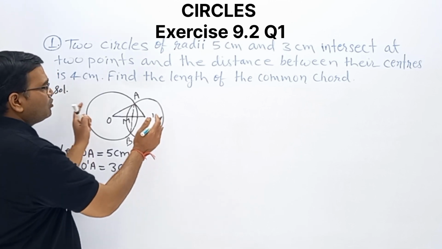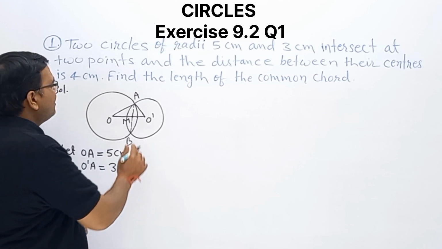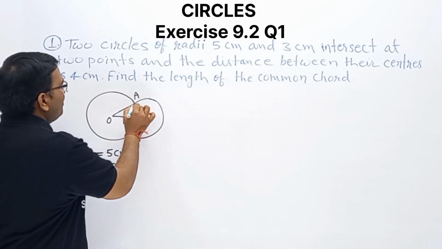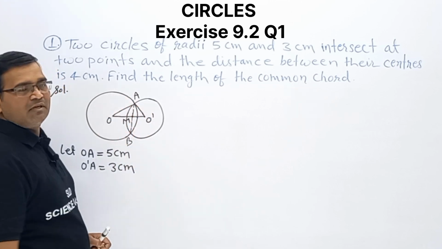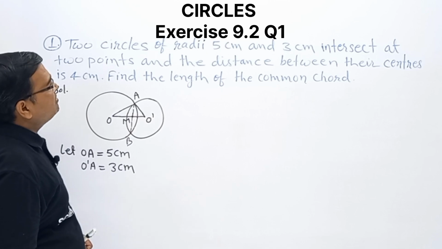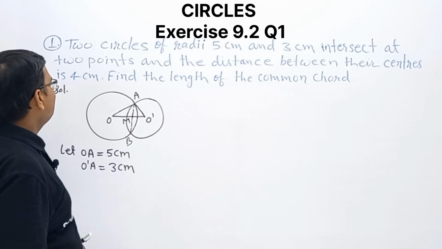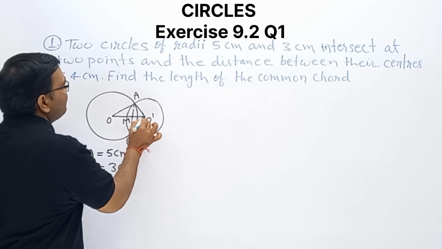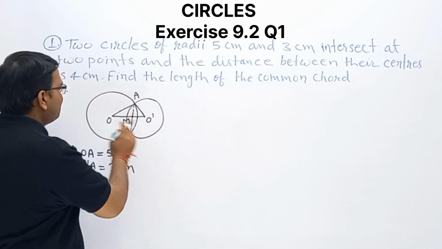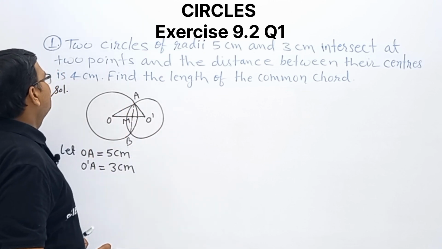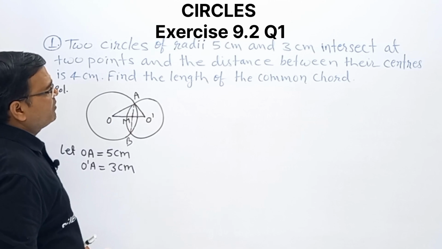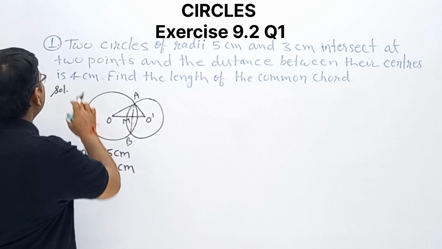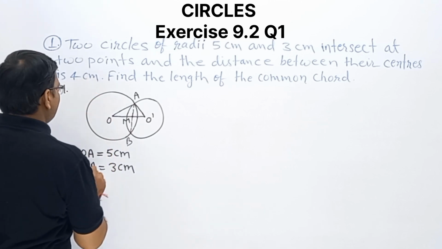Both circles are intersecting at 2 points, A and B. And the distance between their centers, one circle having center O, another having O dash, is 4 centimeter.